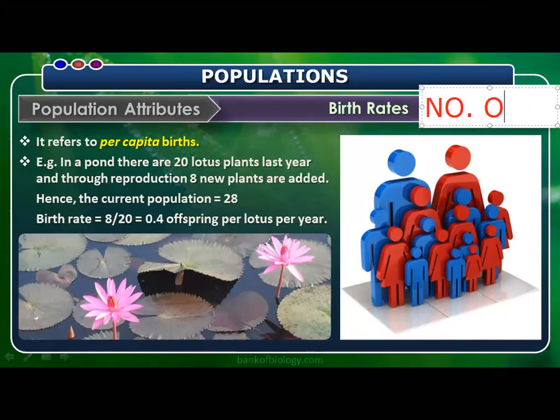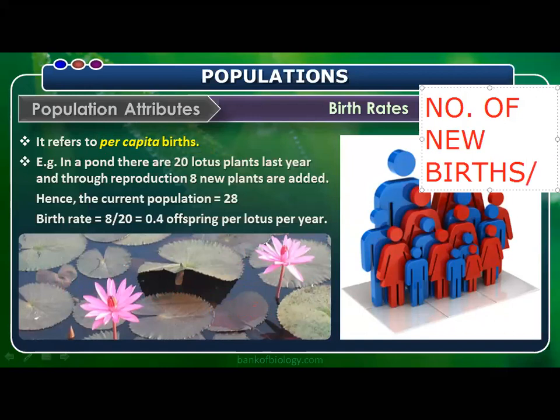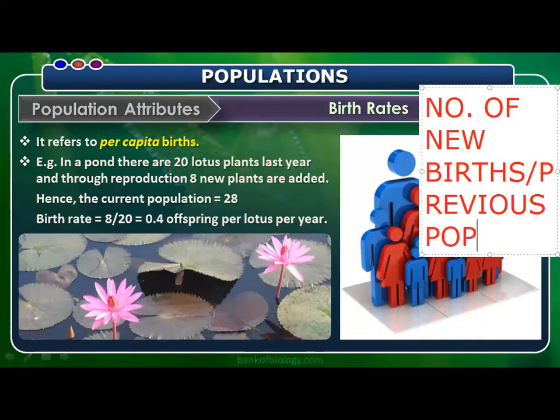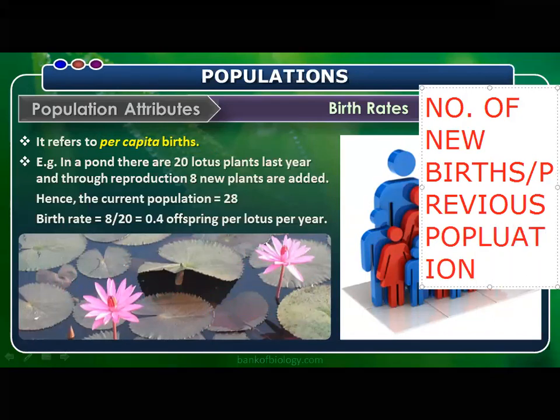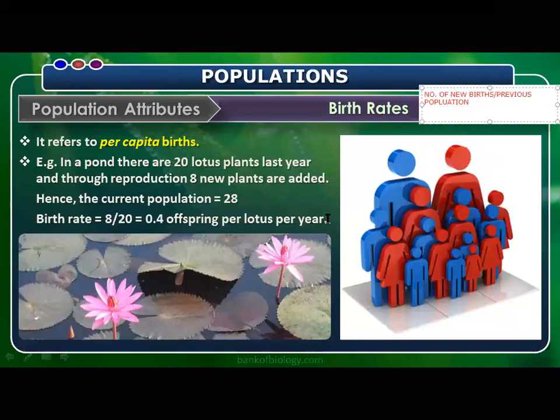Number of new births by previous population. The current population is 28, so the previous population is the one before the births. Birth rate equals number of new births by previous population.